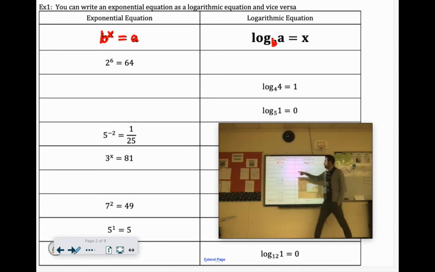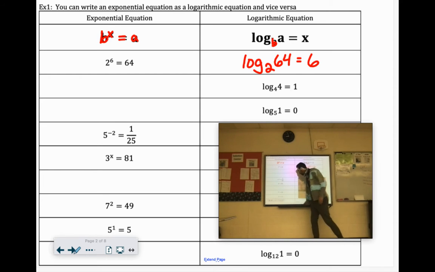So if we were to do 2 to the 6th, our base is 2, so it would say log base 2, and right after that is the answer. The answer here was 64, and it equals the exponent, which seems weird, and the exponent there was 6.